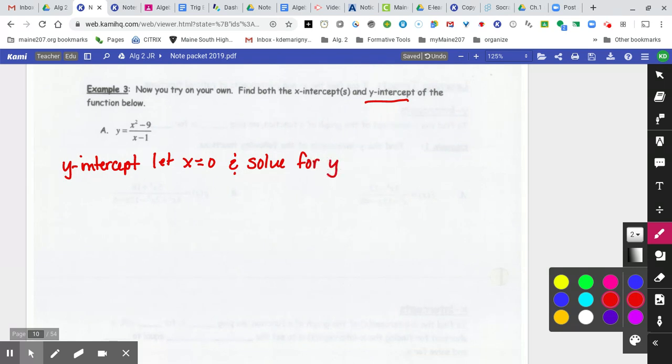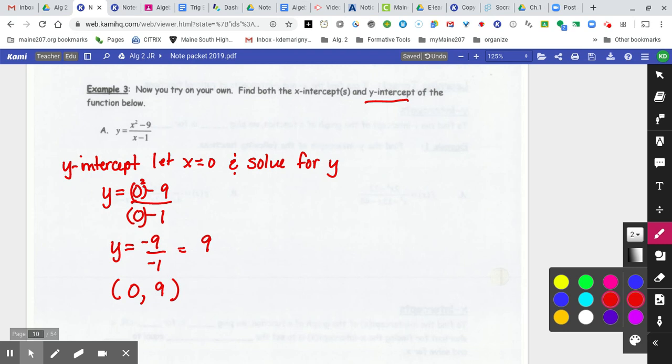In my equation, I have y equals 0 squared minus 9 over 0 minus 1. Well, 0 squared is still 0, so my y value is negative 9 on top, and 0 minus 1 is negative 1 on the bottom. And so what I end up with is a positive 9. So my y-intercept was 0 for x and 9 for y.